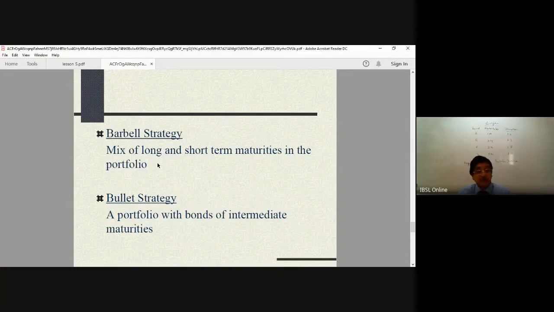In the bullet strategy, you have bonds with intermediate maturities. That means medium-term maturities, 3-year, 2-year, like that. There is a rule of thumb that if bond maturity is more than 5 years, we take it as longer term. To be categorized as long term, it should be longer than 10 years.